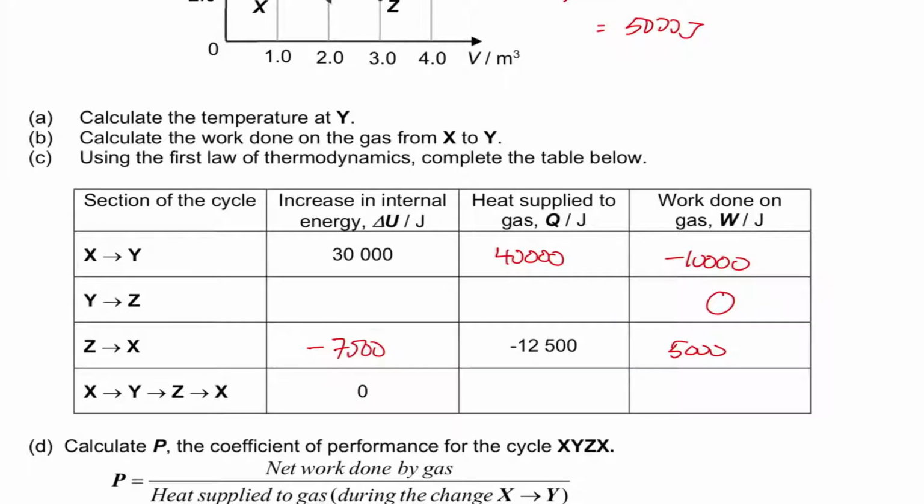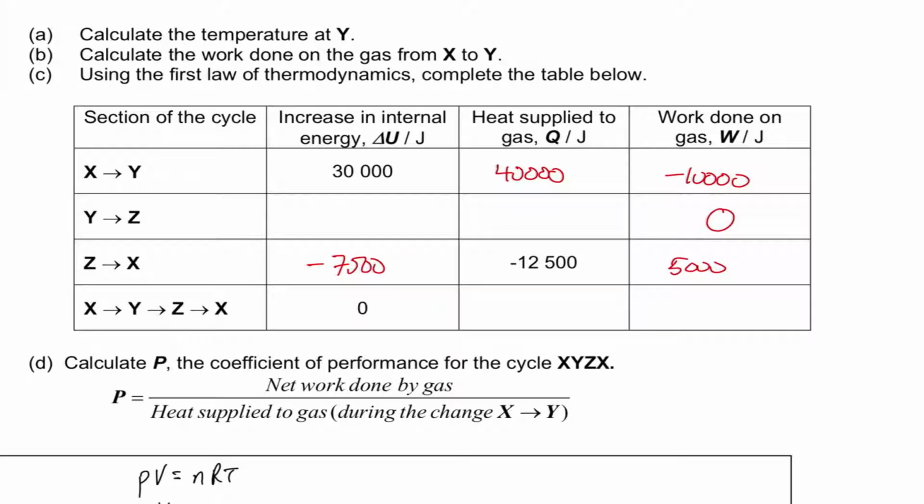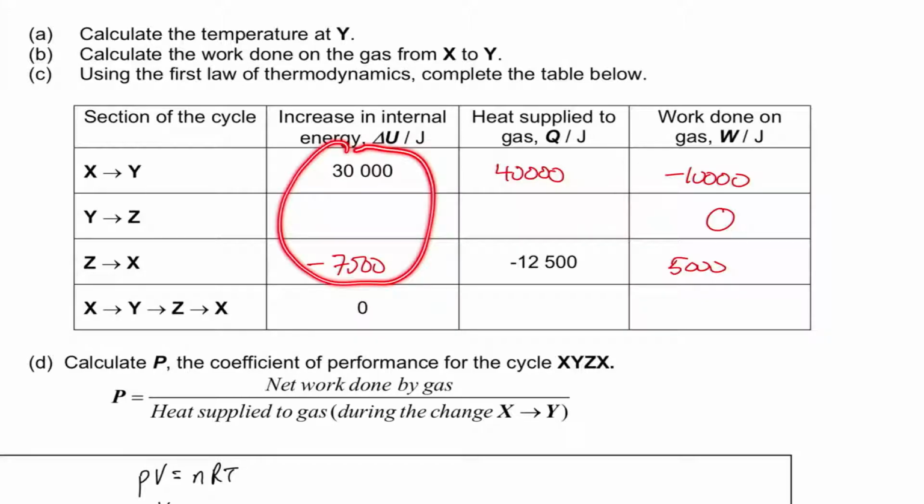Okay, alright, then what else do we know right now? Okay, because we know this column here, these three values added up should give me 0. So right now it's 30,000 minus 7,500, and that's giving me 22,500, and this should be 0. So this one here should be negative 22,500.